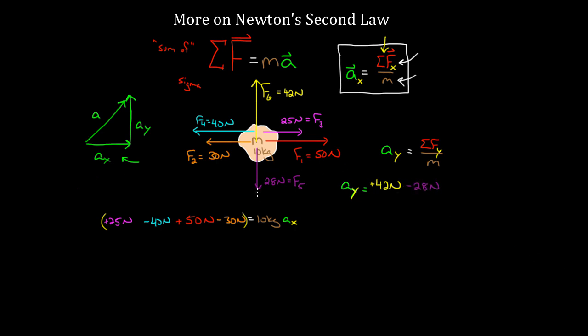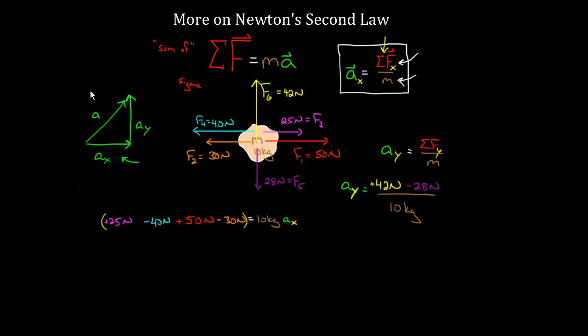We typically choose that as the negative direction. Now we can divide by the mass. We'll divide by 10 kilograms. This gives us our acceleration in the vertical direction. And now that we have both of these, we could, if we wanted to, do ax squared plus ay squared equals the total a squared to find the magnitude of the total acceleration.